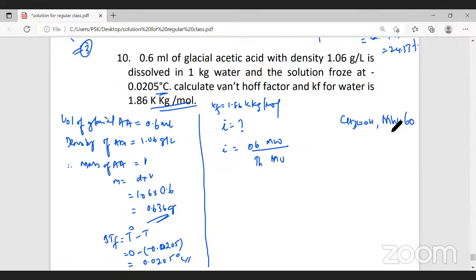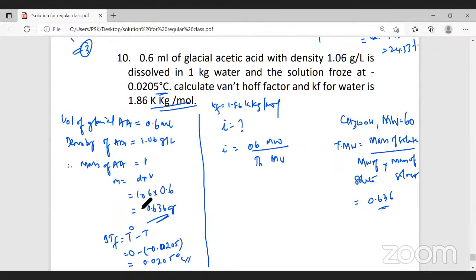Now, theoretical molecular mass is also calculated by a formula: mass of solute divided by molar mass of solute into mass of solvent.